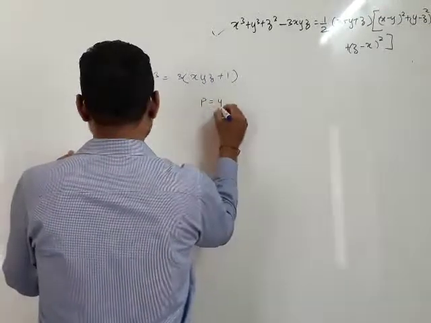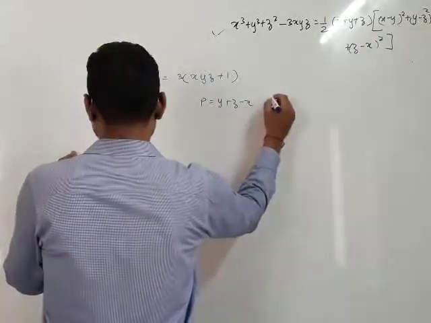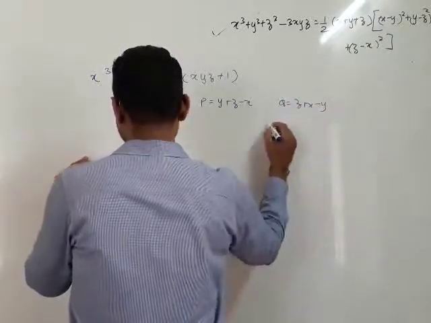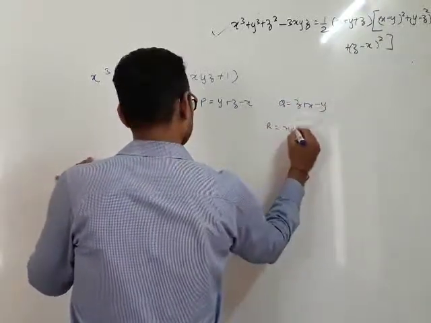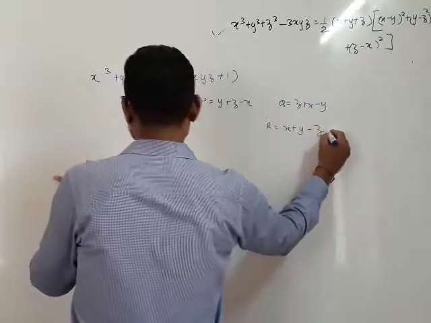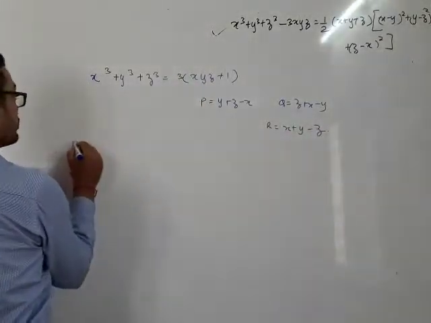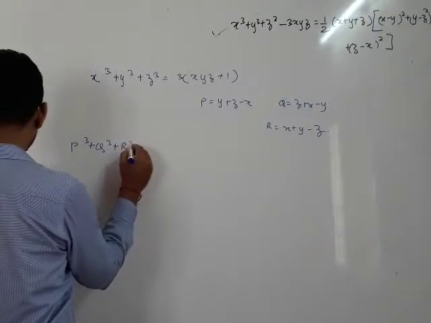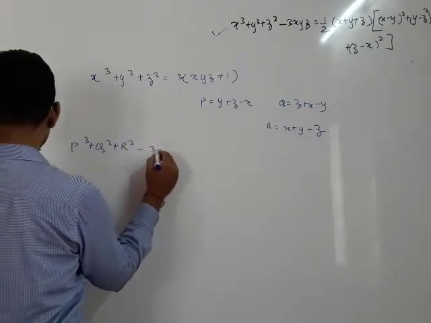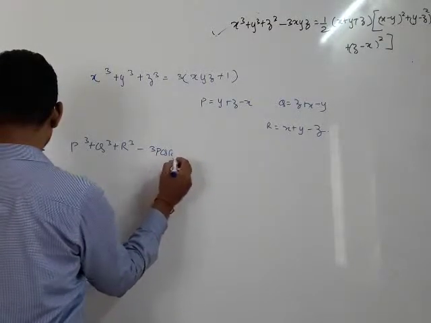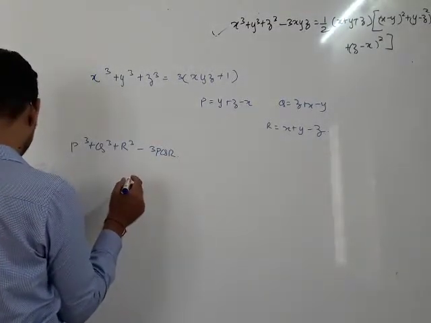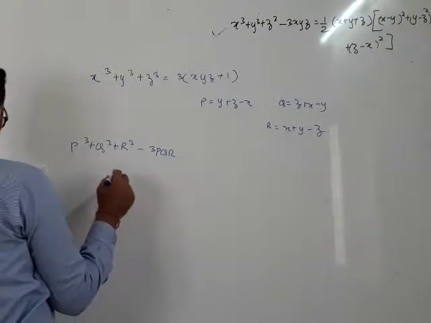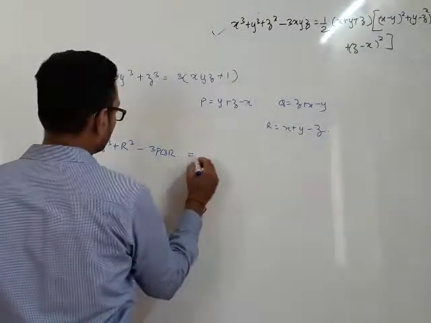P is given as y plus z minus x. Q is given as z plus x minus y. R is given as x plus y minus z. So P cube plus Q cube plus R cube minus 3PQR is what?